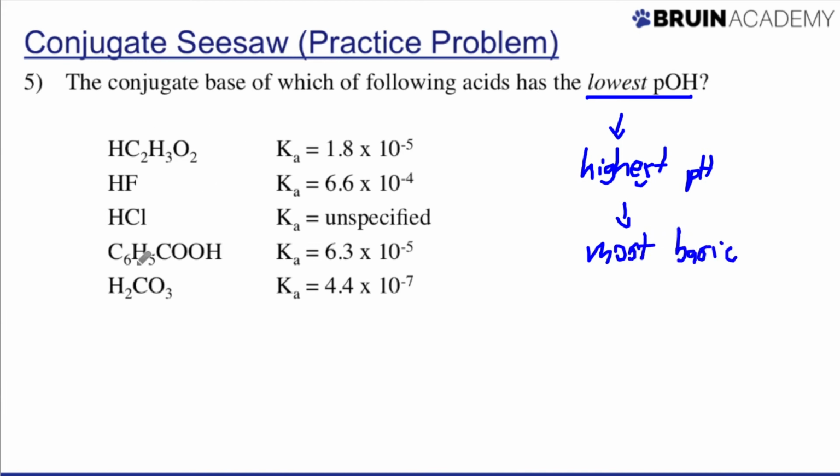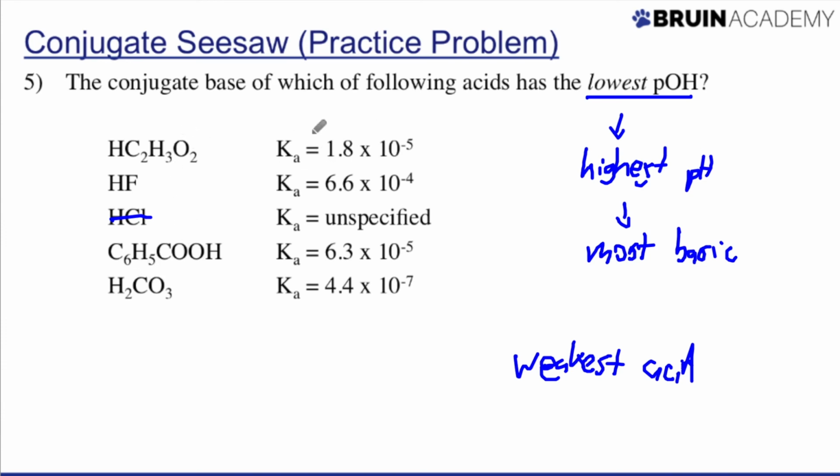So let's look at what we have here. If we're looking for a conjugate base that's the most basic, the acid that will have the most basic conjugate base will be a very weak acid. So what we're looking for is the weakest acid, because the weaker the acid, the stronger the conjugate base. So which of these guys is the weakest? Well, here HCl is a strong acid, and that's why the Ka is unspecified, so that's not going to work.